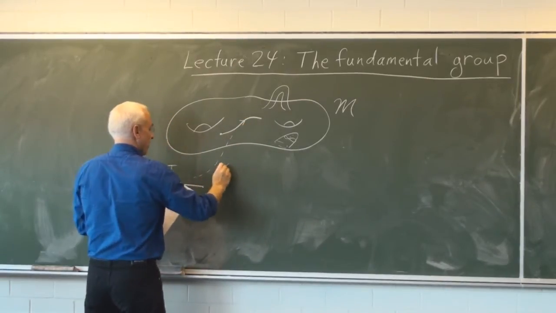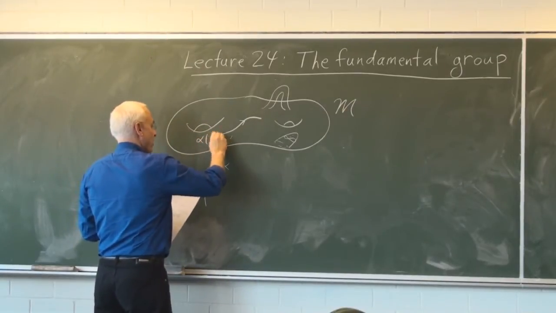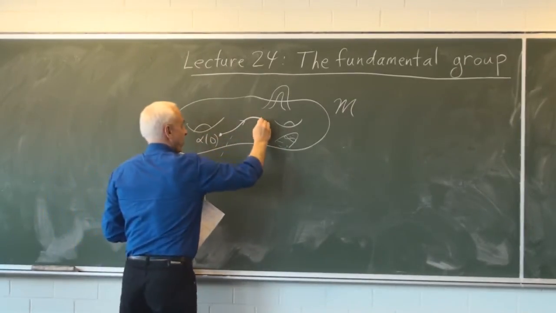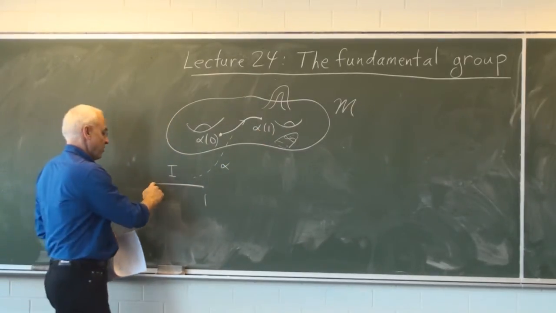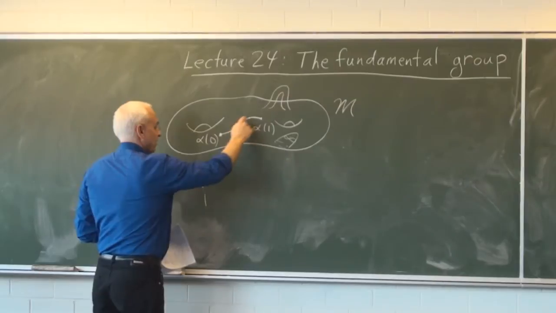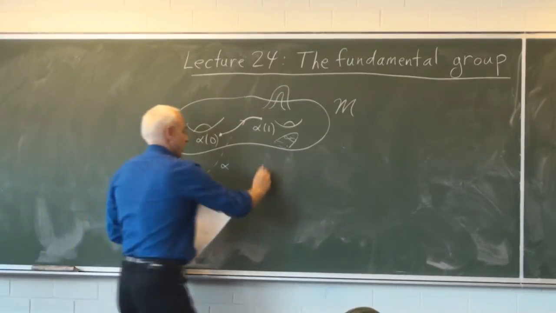Let's call the function alpha. So this point here would be alpha of 0, and this endpoint alpha of 1. As t goes from 0 to 1, alpha of t goes from this point to that point. It's a path on the surface.